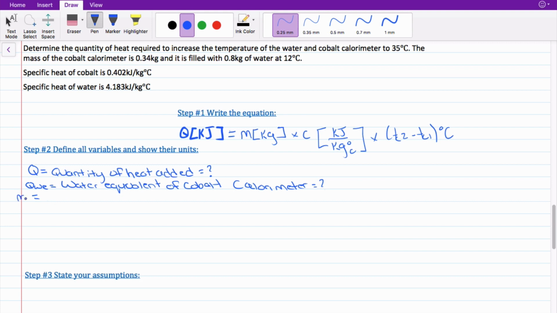We have our mass of the cobalt calorimeter, which is, let's say, MC, and that is 0.34 kilograms.